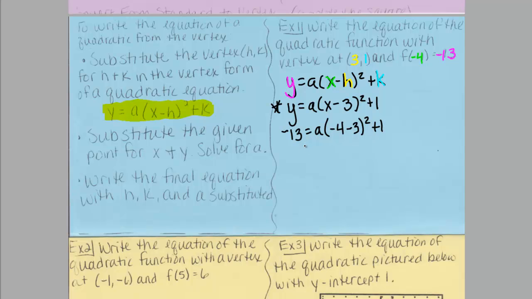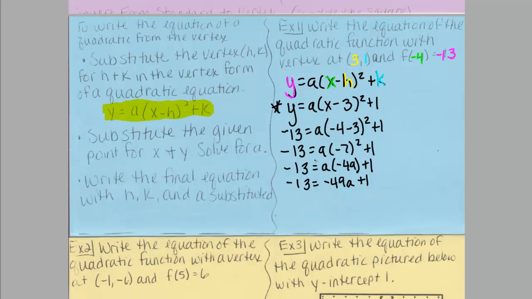Now we're going to have to solve for A. So of course you do parentheses first. -4 minus 3 is -7 squared plus 1. -7 squared, -7 times -7, is 49. This should really look like this. So we're going to switch around our 49 and our A. All I did is flip-flop my A and my 49 just because the second way is the proper way to write it.